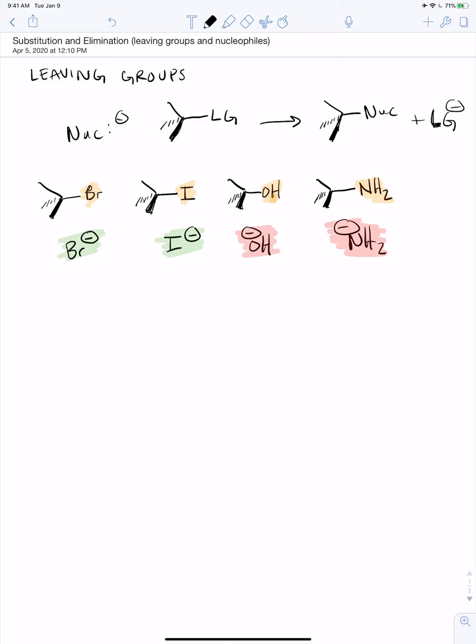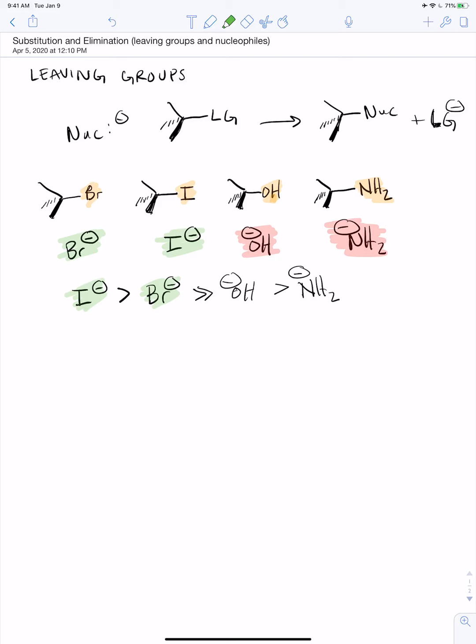So if we're trying to rank these, we would say I minus is going to be a better leaving group than Br minus, which will be a much better leaving group than OH minus, which will be a much better leaving group than NH2 minus.